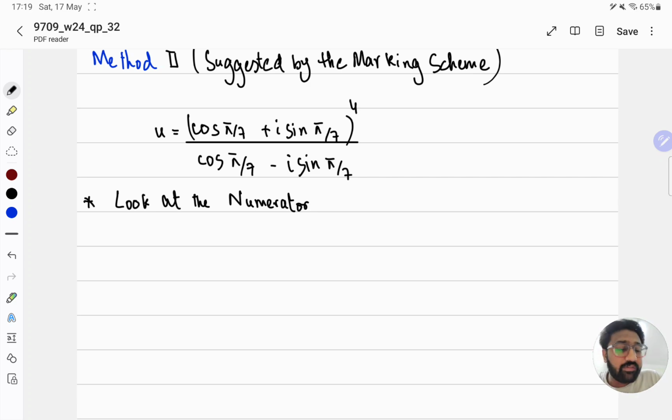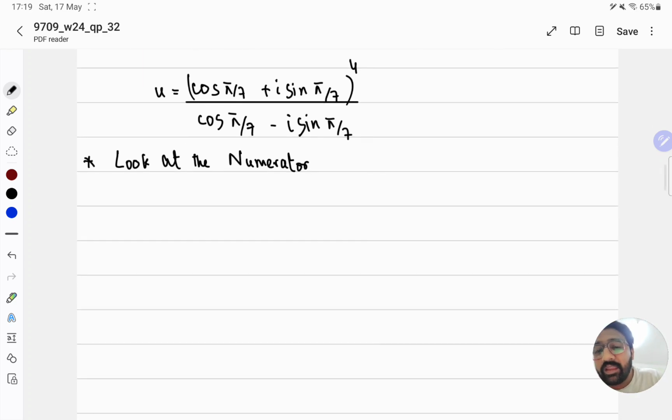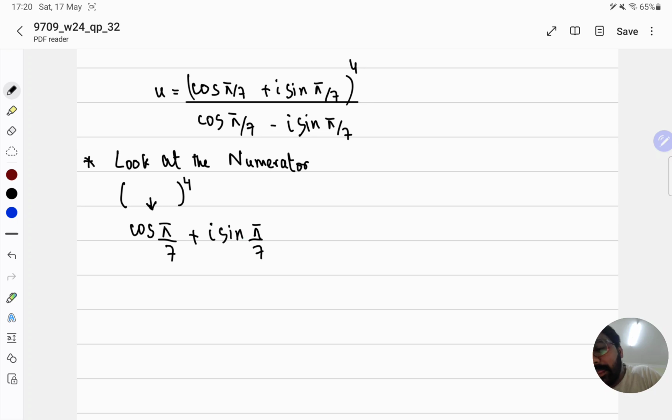We'll find the argument for the numerator and then the argument for the denominator and then simplify it further. If you look at the numerator, the complex number is having a power of 4, and inside the bracket is again cos pi by 7 plus i sin pi by 7.